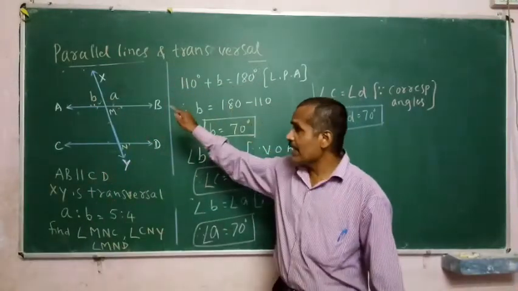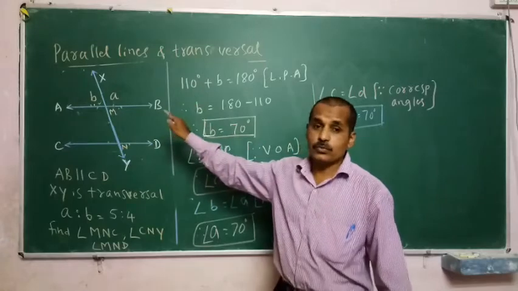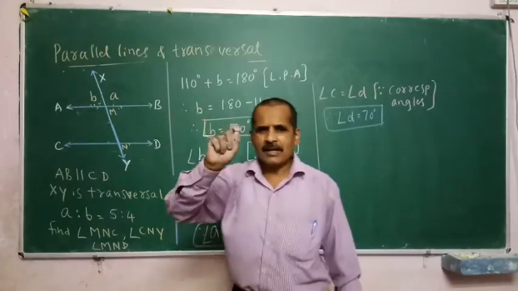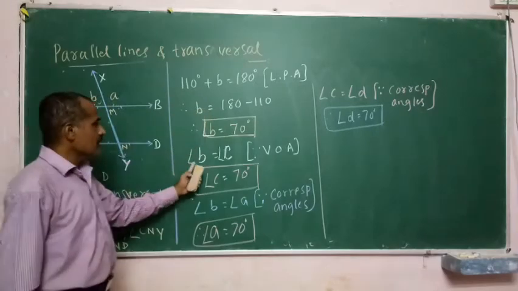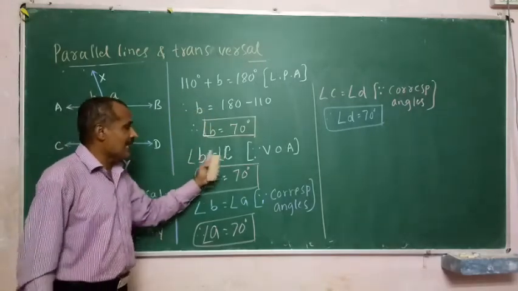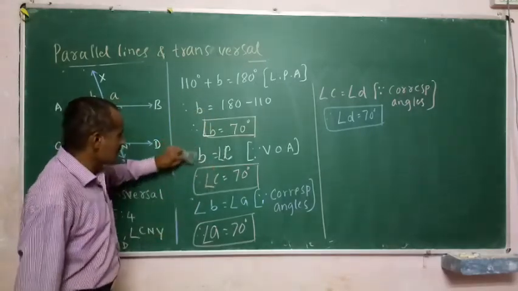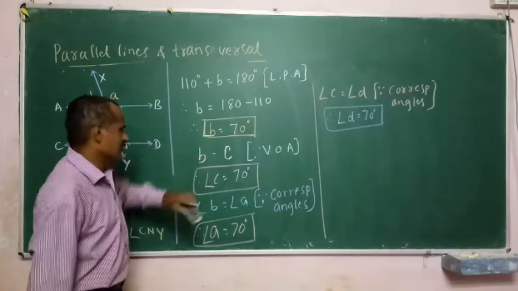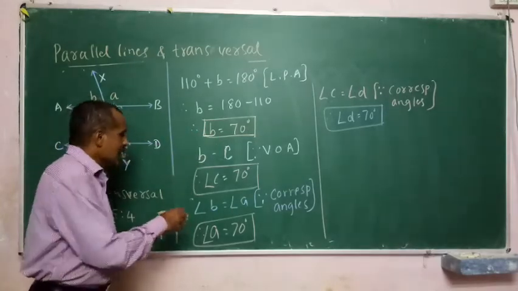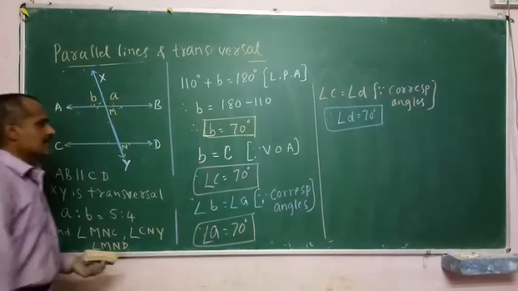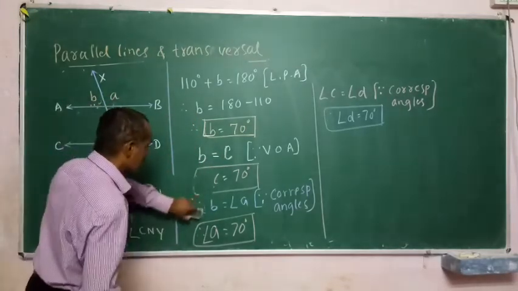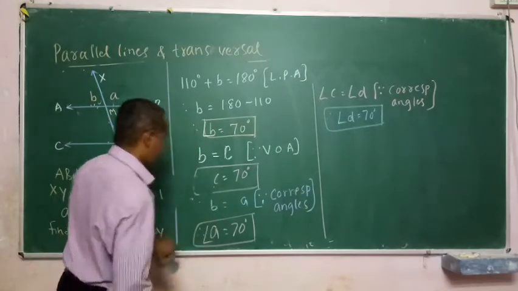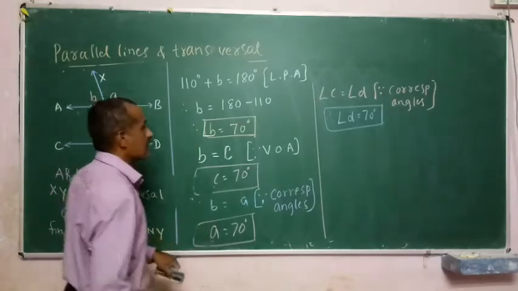But before I explain this problem, again one small correction for you. Here, whenever they have given angles like B and C, don't use the angle sign. No doubt they are angles only, but you can better write lines. B is equal to C. Therefore, C is equal to 70 degrees. B is equal to A. A is equal to 70 degrees.